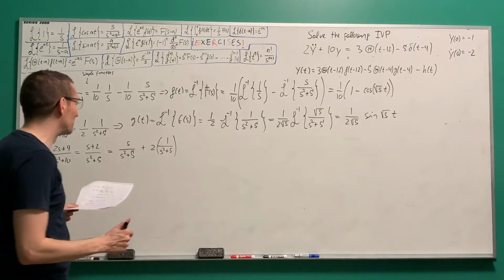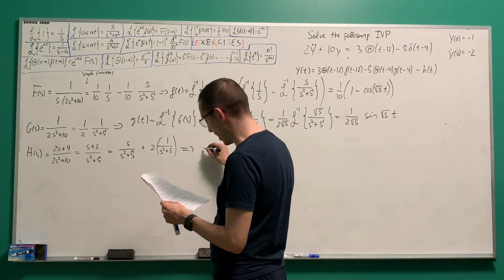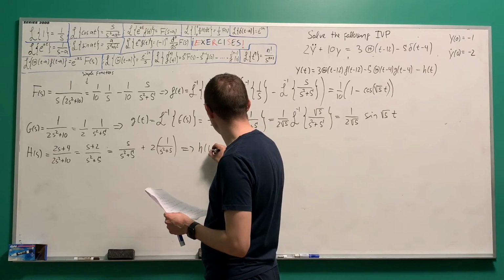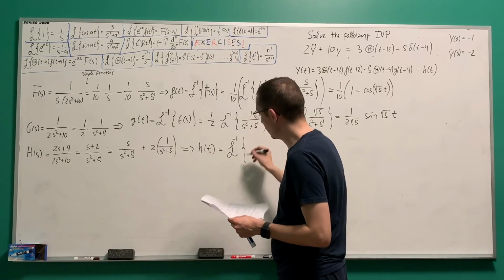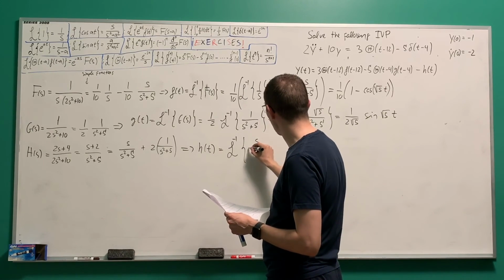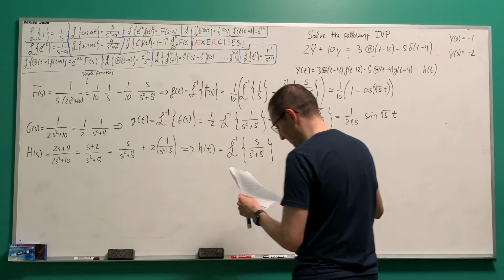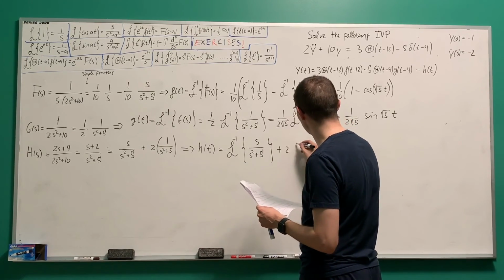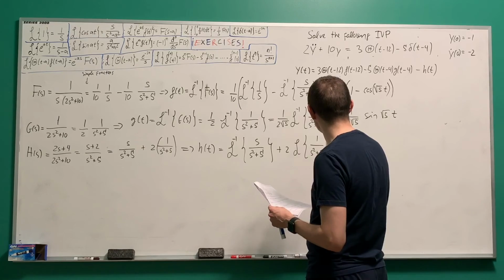All right, so now the final thing that we need to calculate is h. So h of t is the inverse Laplace transform of s/(s² + 5), plus twice the Laplace transform of 1/(s² + 5).